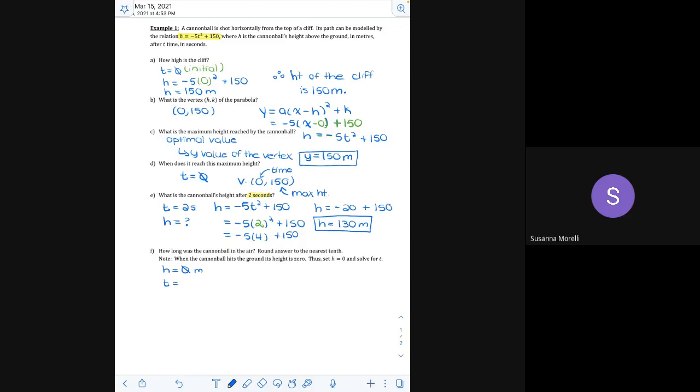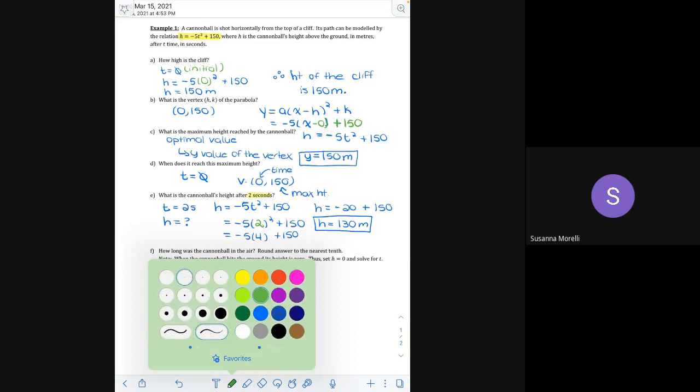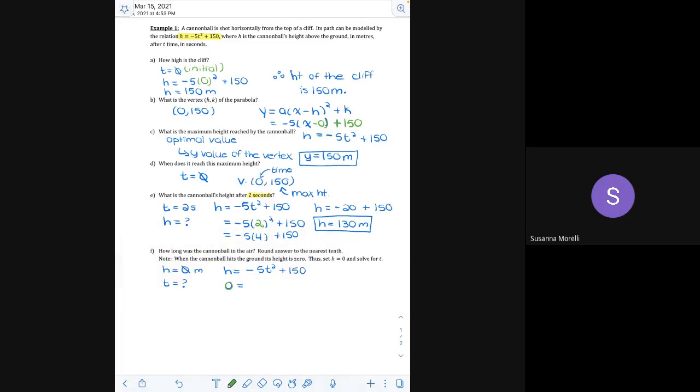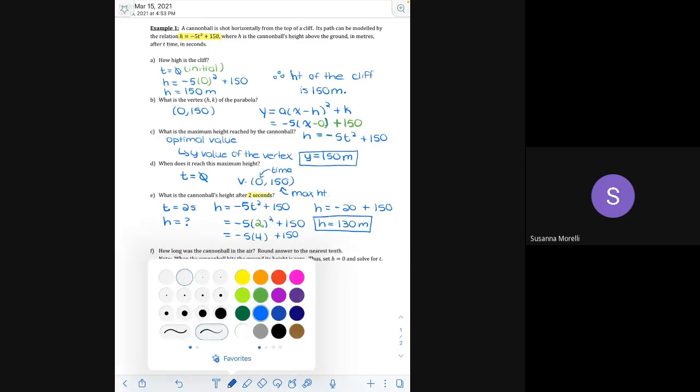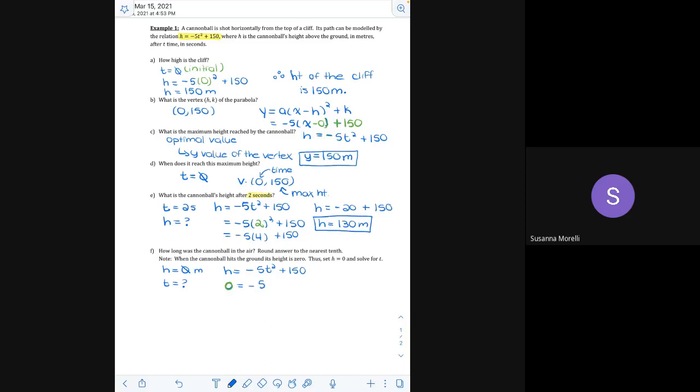what is the time? Okay, so again, we have our equation. Let's just write down our equation. Plug in 0 for height, right? Because when it hits the ground, it's going to be 0. And now we're going to isolate for t.